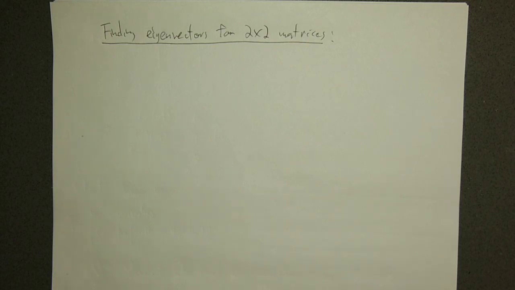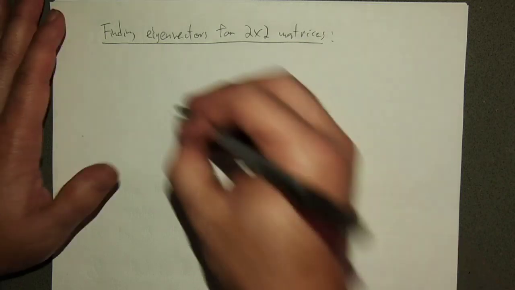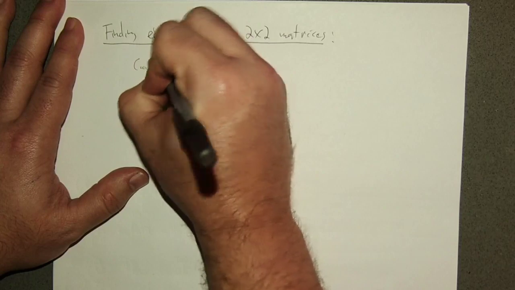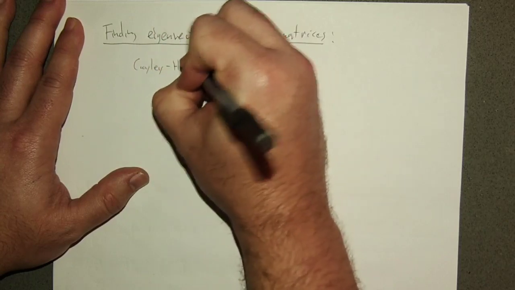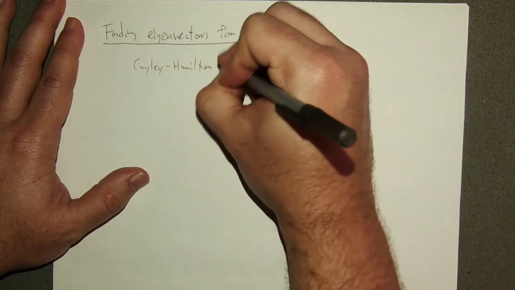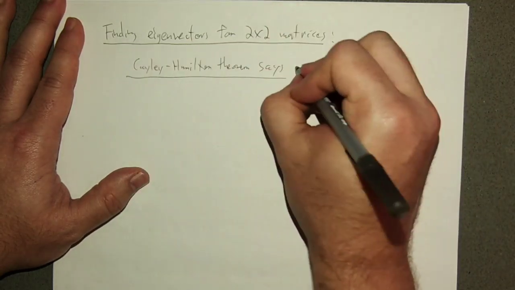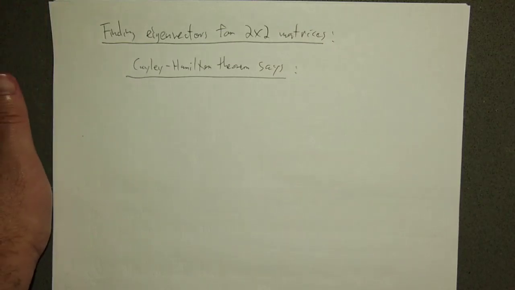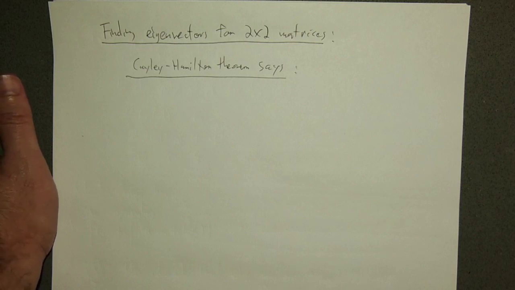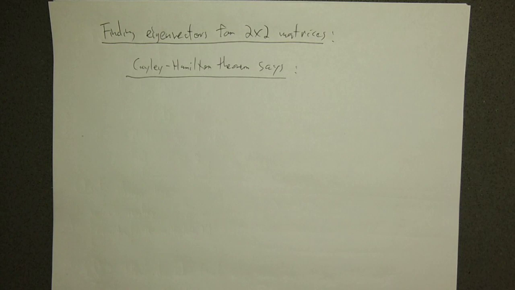So what does the Cayley-Hamilton Theorem say? It says that a matrix, thought of properly as plugging it in a way that makes sense, solves its own, or is a root of its own characteristic polynomial.